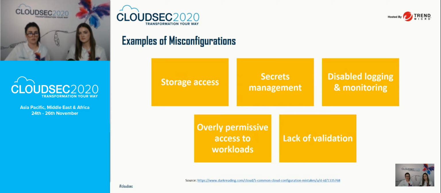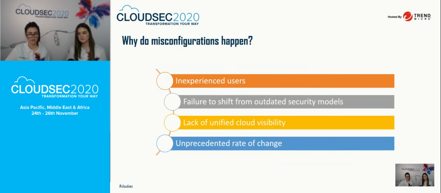We also see a lot of hackers scanning for S3 buckets or scanning public GitHub repositories for secrets and credentials. So it's critical to ensure that your passwords, API keys, and admin credentials are kept secure and encrypted. It's also important to make sure that logging and monitoring are not turned off and that you have the correct security groups set up.